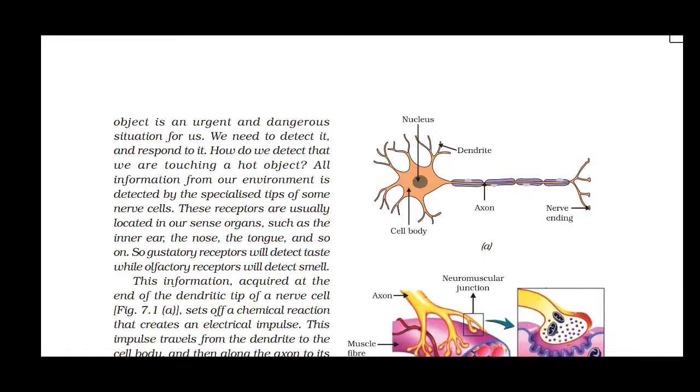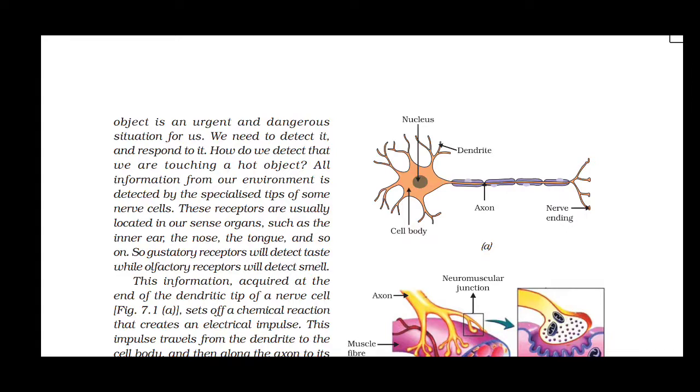Now, as I told you, these are the parts of the neuron. The dendrite acquires the information, and the information acquired by the dendrite travels as an electrical impulse through the cell body. The axon is known as the longest fiber of the cell body. It transmits the electrical impulse from the cell body to the dendrite of the next neuron.